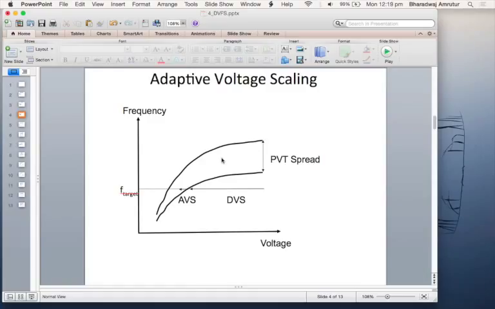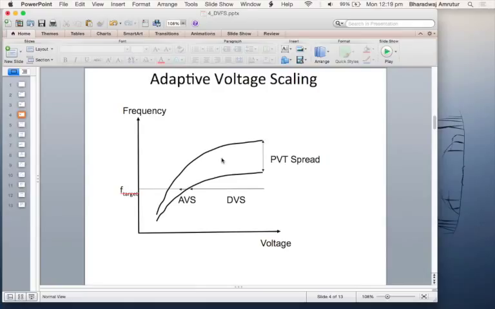Like that, there could be multiple ways by which the system can sense or guess the computing requirements, and based on that it can say, I can reduce the frequency by so much, because I'm expecting not much to happen. That is what is called dynamic frequency scaling. You are dynamically adjusting the frequency.